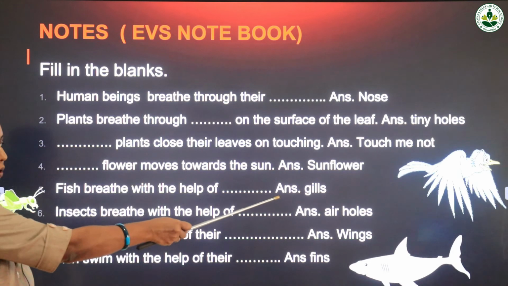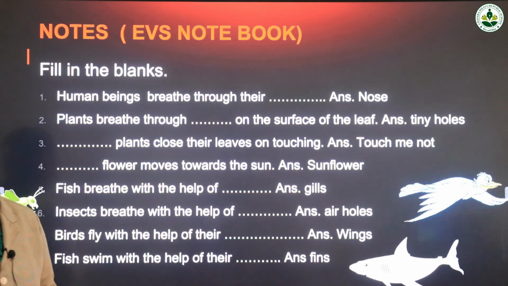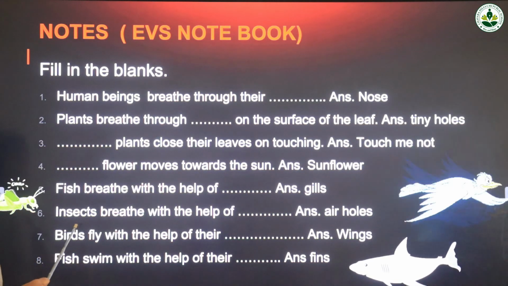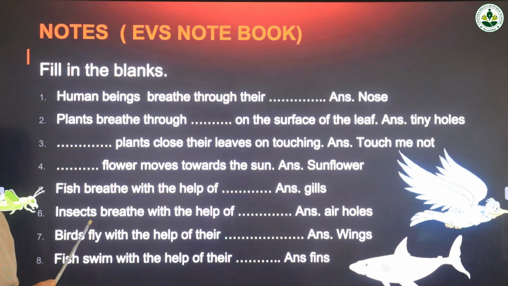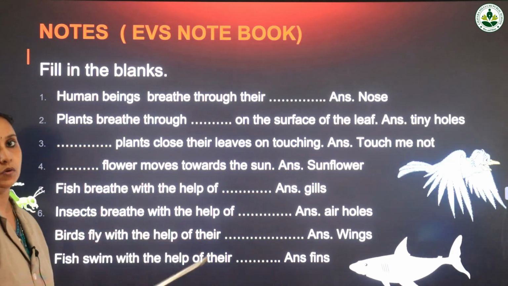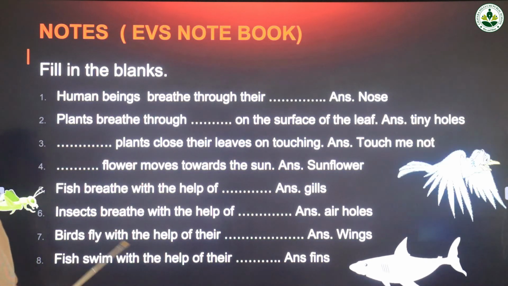Fishes breathe with the help of a part called gills. G-I-L-L-S, gills. Fishes breathe through gills. Now insects means cockroach, fly, etc. So they breathe with the help of dash, with the help of air holes. Some holes are present in the body of insects and that helps them to breathe.